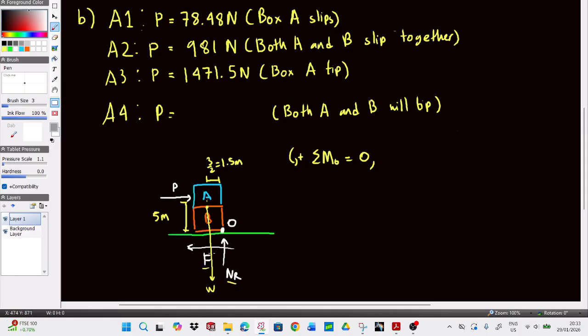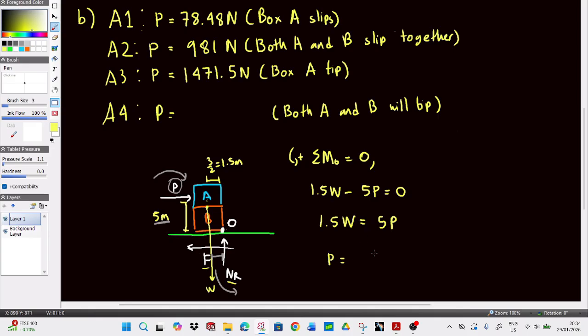Basically we have the weight with point O, which is obviously going to cause a counterclockwise moment. So in this case, that would be 1.5 times W. But for force P, the distance is 5 meters and it's going to create a clockwise moment, so negative 5P equals 0. We end up with 1.5 W equals 5P.